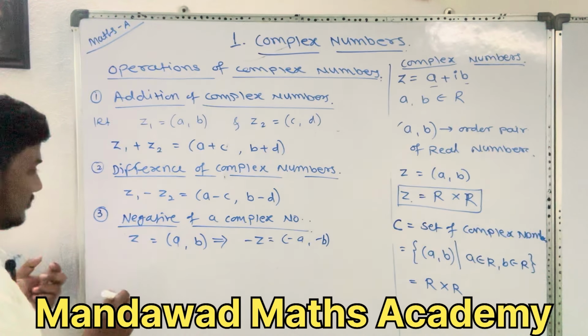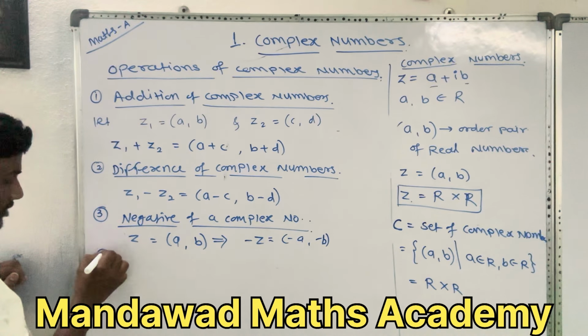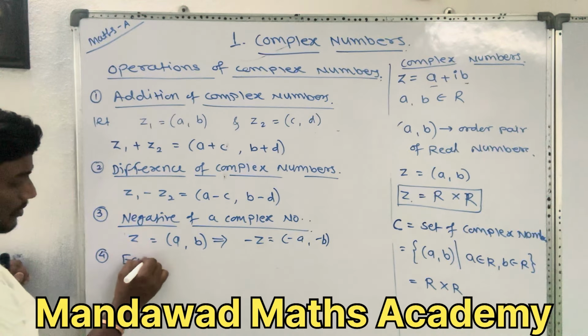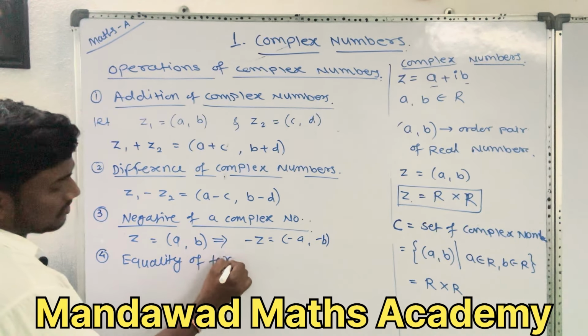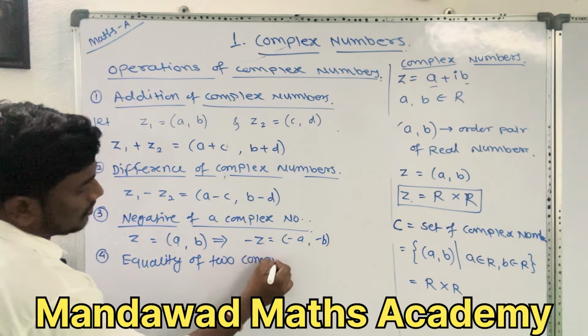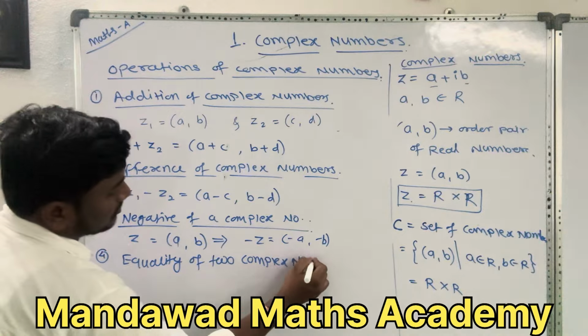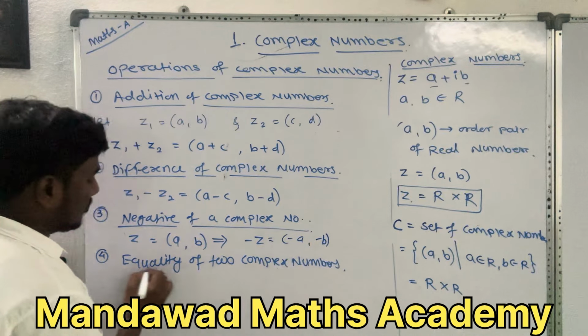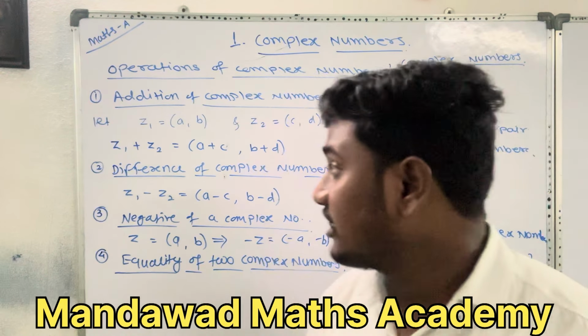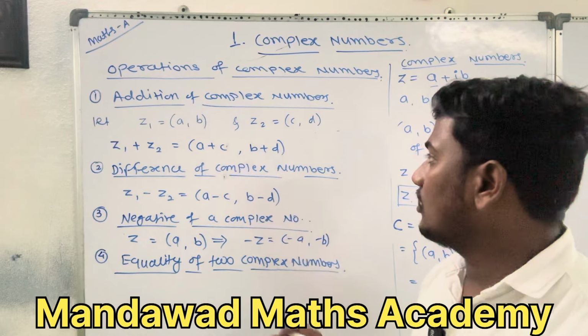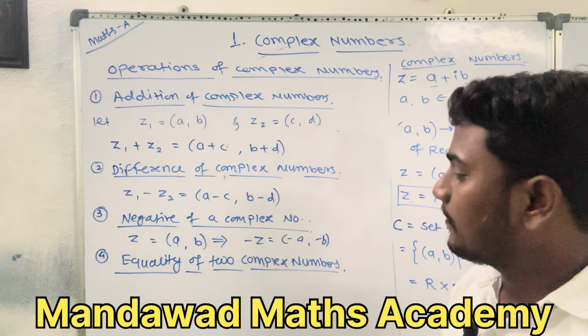The fourth one is the equality of two complex numbers. Let's consider Z1 and Z2 are two complex numbers, where Z1 is (a, b) and Z2 is (c, d).